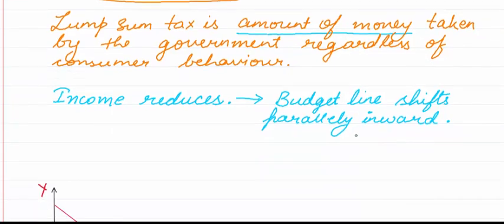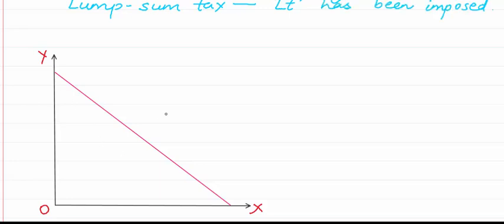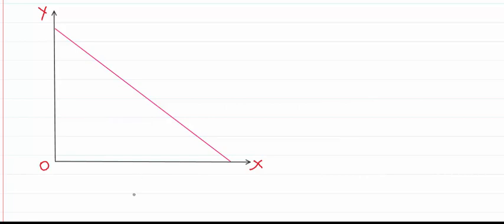Let's see how it happens. We assume that a lump sum tax of LT amount has been imposed. Let's have goods X1 on the x-axis and goods Y1 on the y-axis.